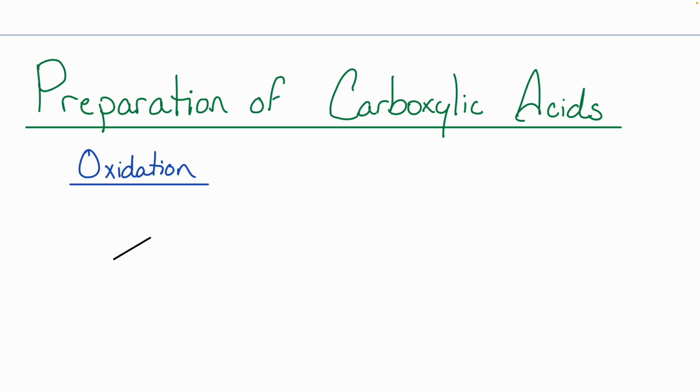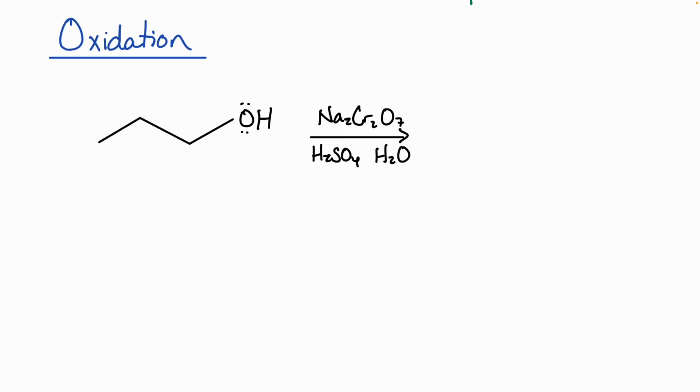And if we started out with a primary alcohol, importantly, it had to be not just any old alcohol, but specifically a primary alcohol, we could use these strong oxidizing agents to get a carboxylic acid.